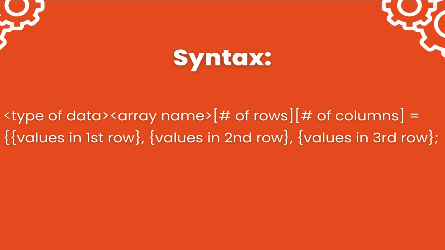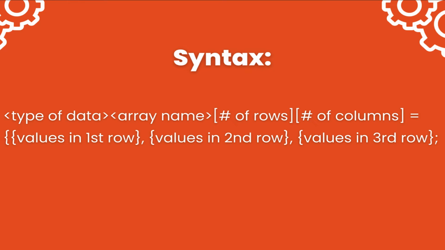Then, in the second pair of square brackets, you would write the number of columns you want your table to have. If you wanted 5 columns in your table, you would write 5 in this square bracket. If you wanted a table that had 10 rows and 15 columns, you would write 10 in the first square bracket and 15 in the second square bracket.